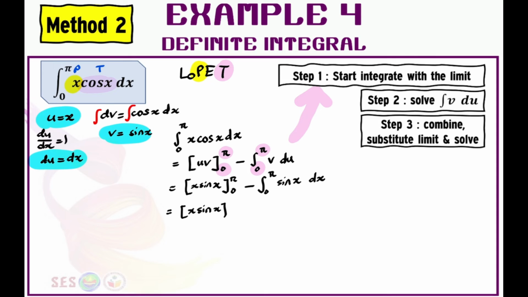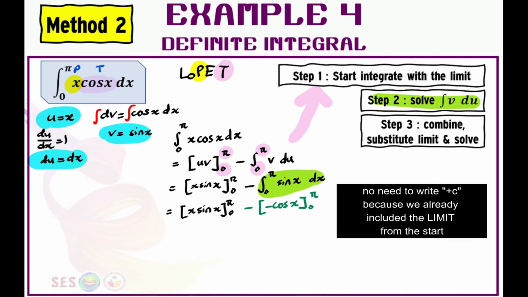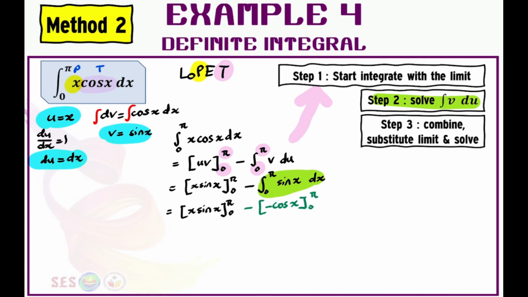We are not solving this one, not yet. Okay, so now we are going to do step 2. Solve integration v du here. Okay, so integrate v du will get, integrate sine x will get negative cos x with the limit from 0 to pi. So now you see, we are halfway done actually.